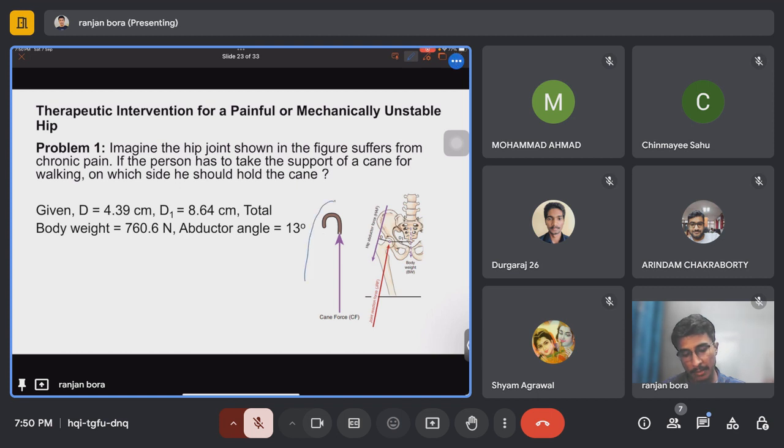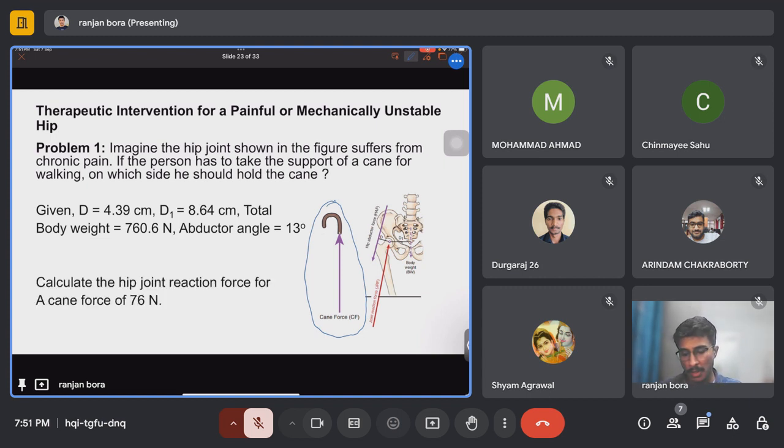This is a cane, and you need to calculate the hip joint reaction force for a cane force of 76 Newton.